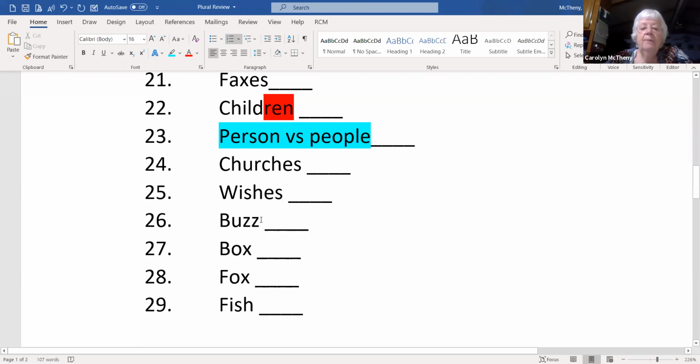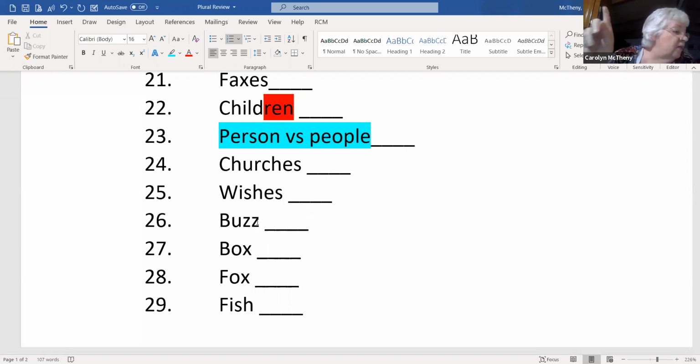Okay, let's look at buzz. Now, it ends with a Z. And in rules, if it ends with a Z, how do we change it to plural? ES.